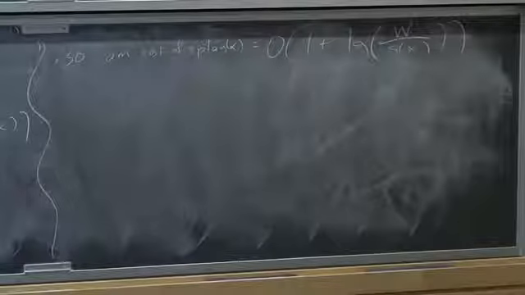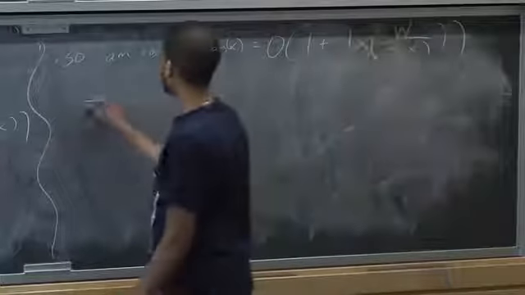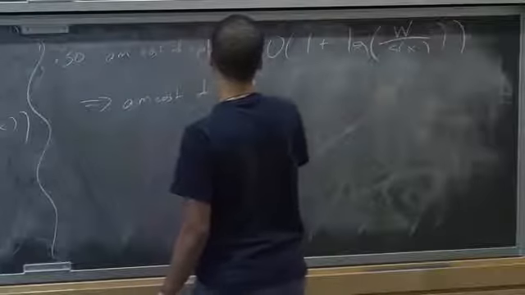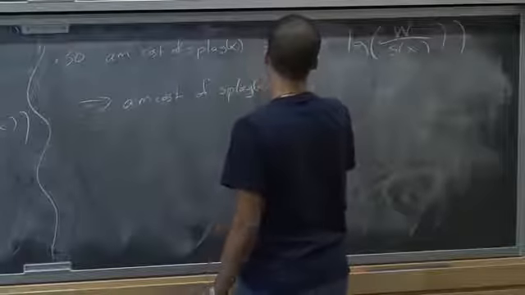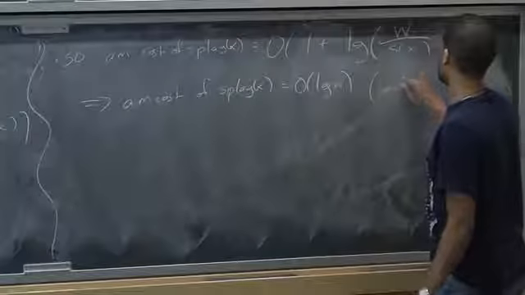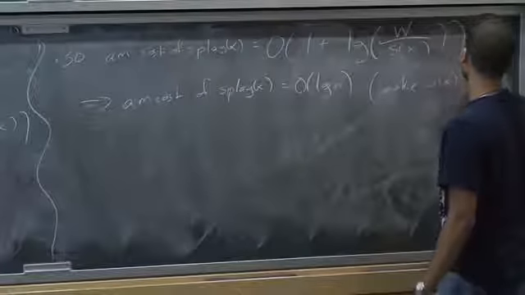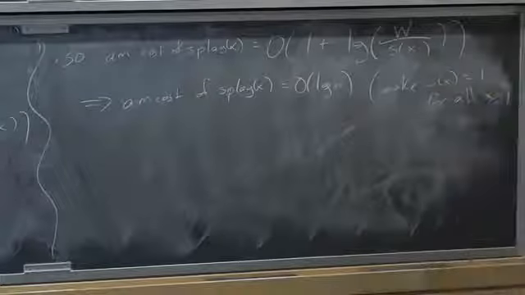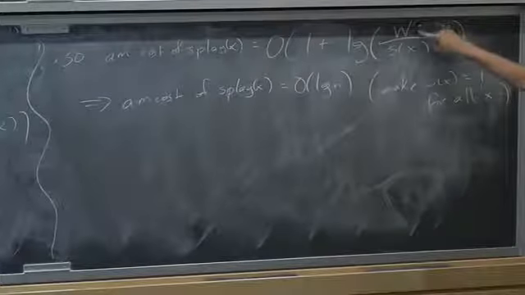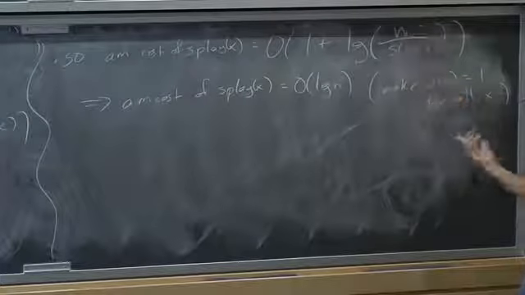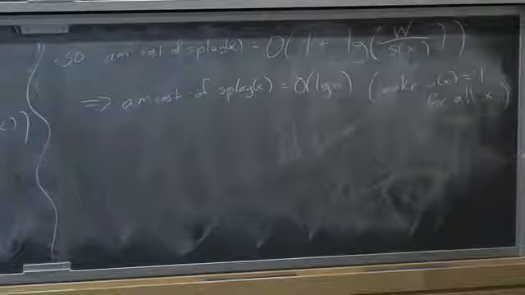If you make all the weights 1, this implies the amortized cost of splay x is O of log n. Why? Make the weight of x 1 for all x. Then the sum of all the weights is n, and you're dividing by something which is at least 1. So you have log n here.